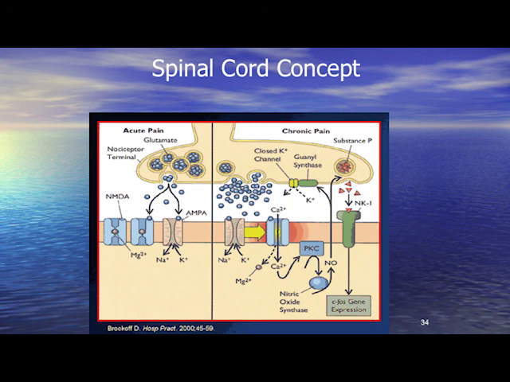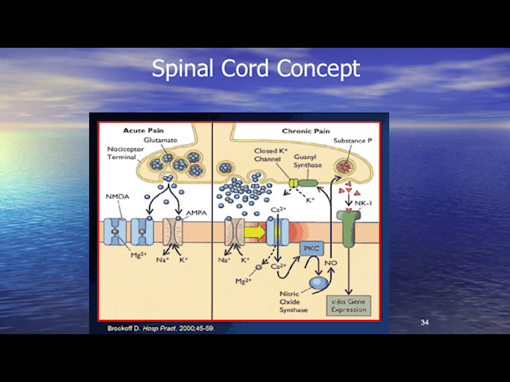When this happens, a lot of intracellular change occurs, including gene production, to maintain the action potential of the pain pathway. So the difference here is the activation of NMDA receptors by continuous stimulation from glutamate, the excitatory mediator.